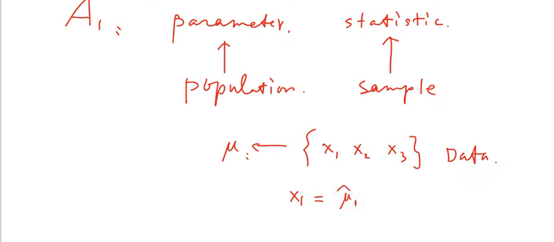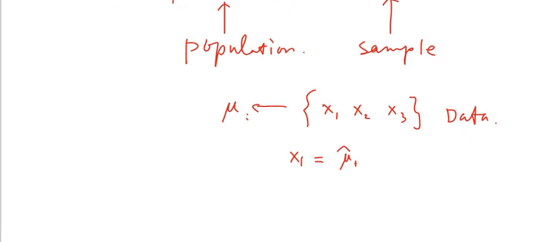We just use the first number to estimate this, or use the average of x1 plus x2, the average of those two, to estimate. We regard this as an estimation for the population's average, right?